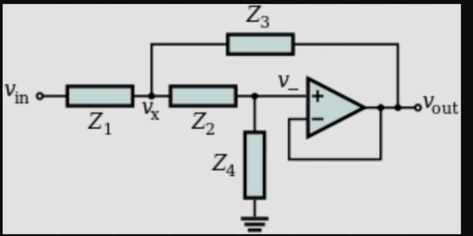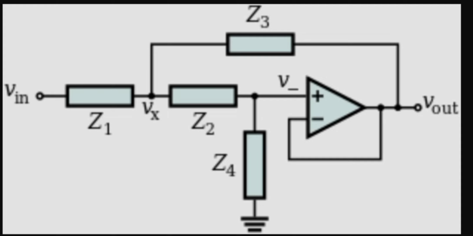So the basic principle right here is, you have an input signal V in, an output signal V out, and four impedances Z1, Z2, Z3 and Z4.